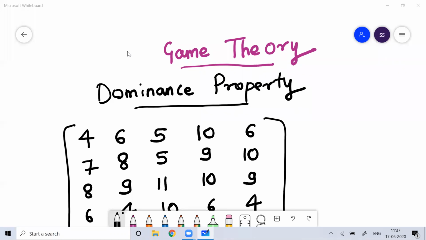But probably we cannot use probability if we have more than two variables, either row wise or column wise. So under such a scenario, we are trying to solve the problem.